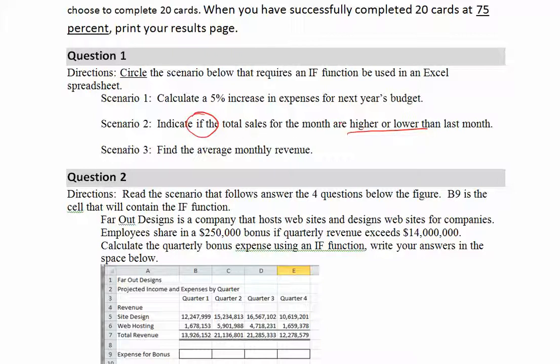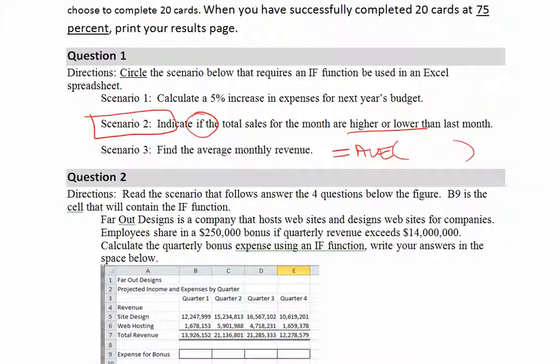Just to make sure we're on the right track, let's look at scenario 3. It says to find the average monthly revenue. An average is just a function that you have used. So that does not require a logical test. So the answer to question number 1 is scenario 2.